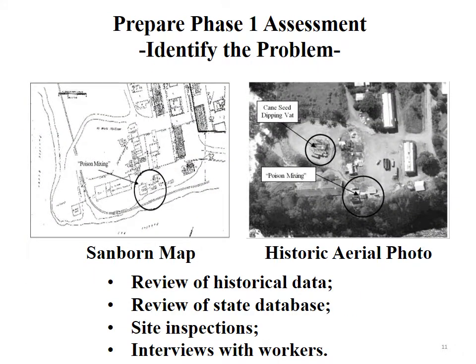So, more detail on some of the systematic planning elements, beginning with your site investigation and gathering your background information, Phase 1 environmental assessment type data.